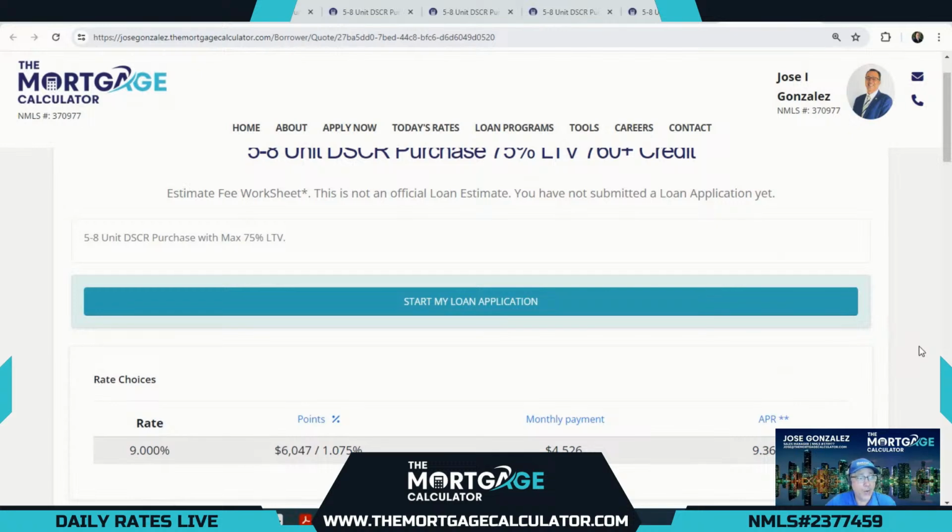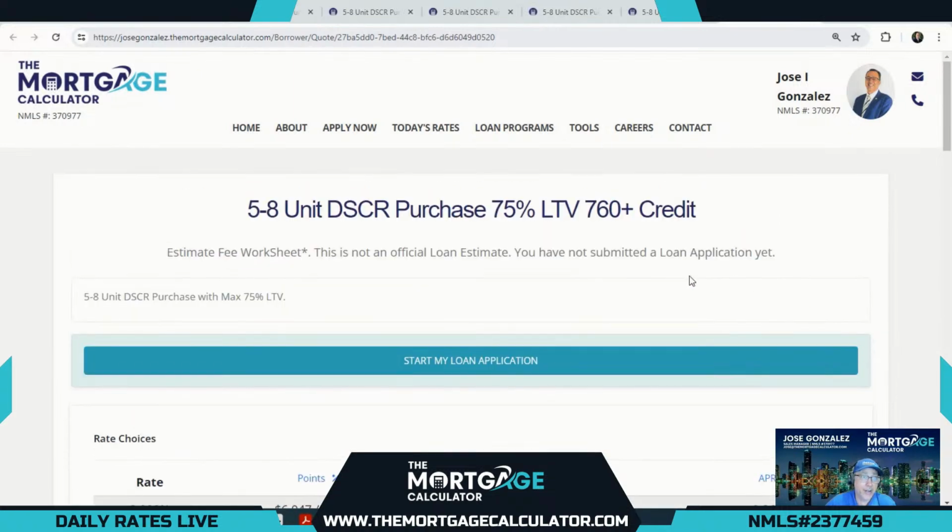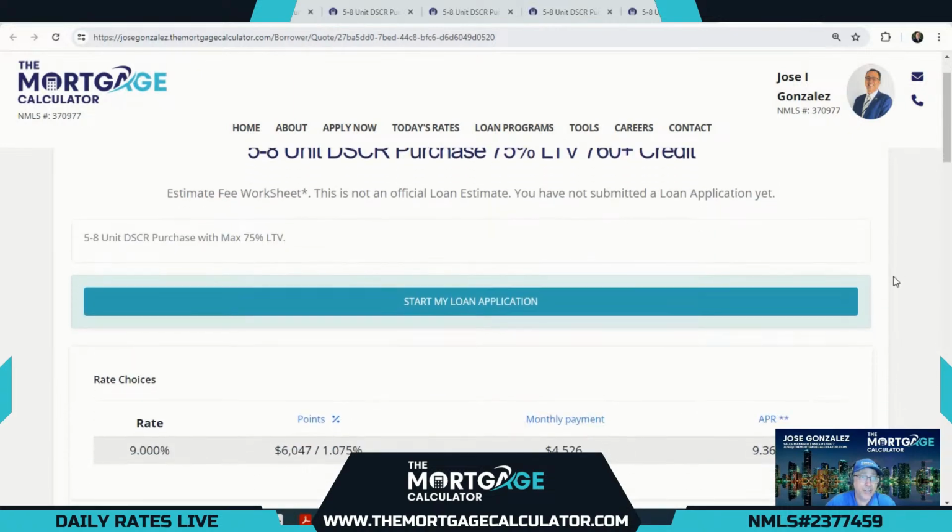However, there are additional buy down options here, but I'm trying to keep it more or less on the same rate so that I can give you the comparison with the different credit scores. Here, this is at our best tier, which is 760 plus, and we're looking at 9% rate with a cost of 1.075 points to get that rate. So you can buy it down to the low eights.